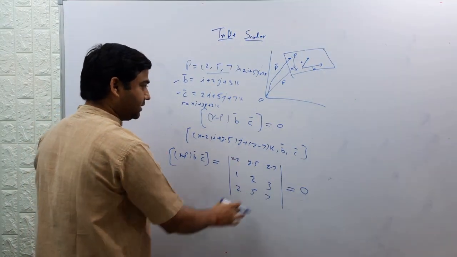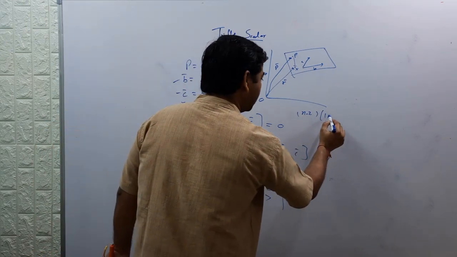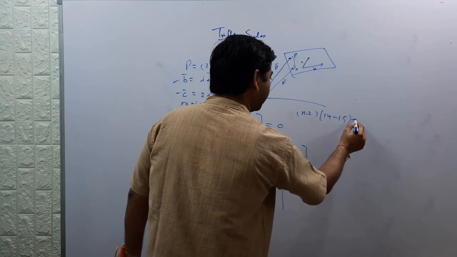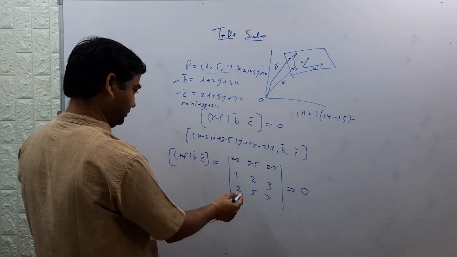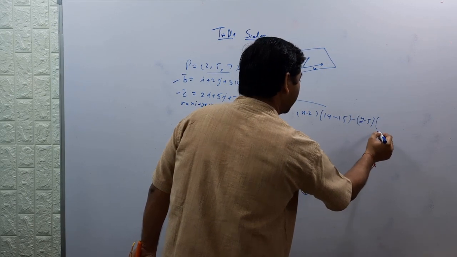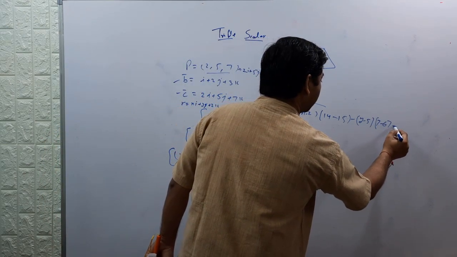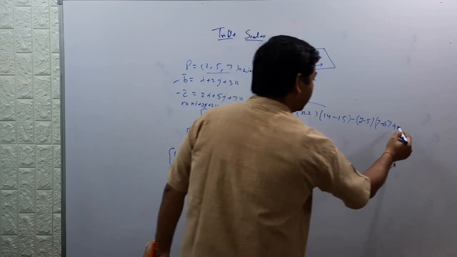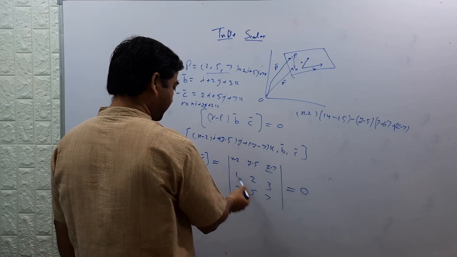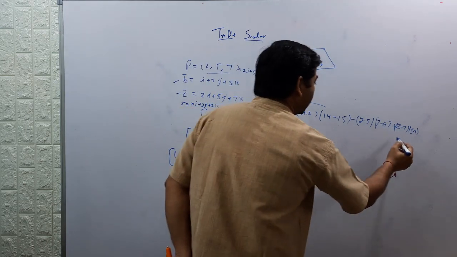So just find this determinant: (x minus 2) into (14 minus 15), minus (y minus 5) into (7 minus 6), plus (z minus 7) into (5 minus 4), is equal to 0.